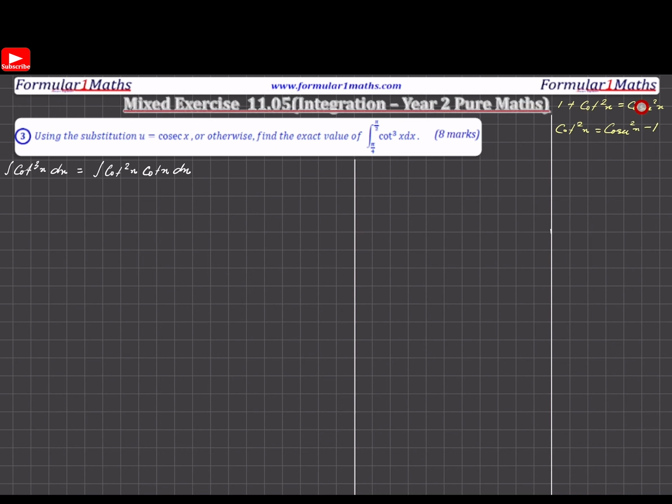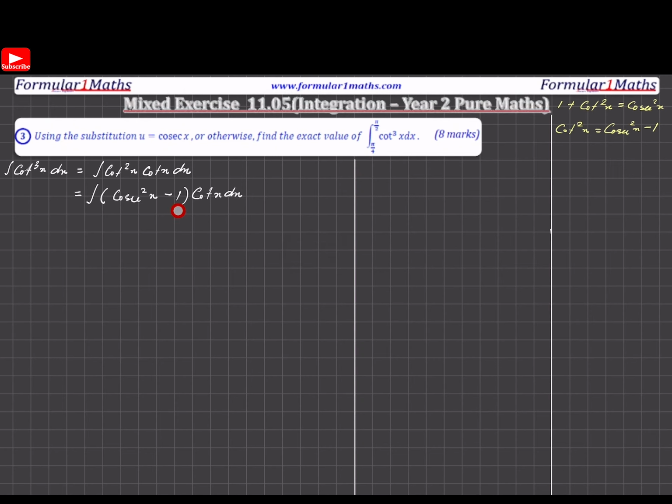So in that case, I can replace cot squared x with cosec squared x minus 1. And so this will be equal to integral of cosec squared x minus 1 times cot x dx.